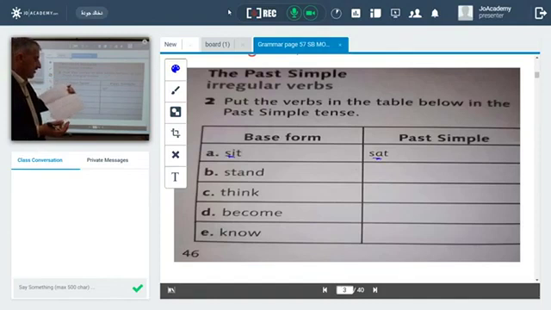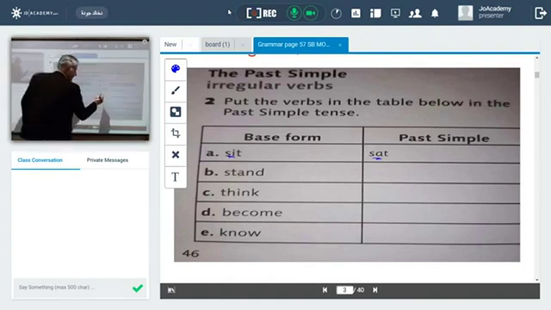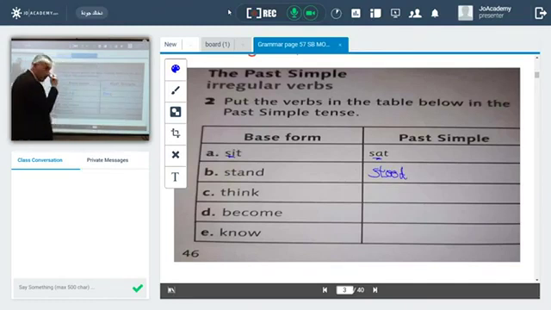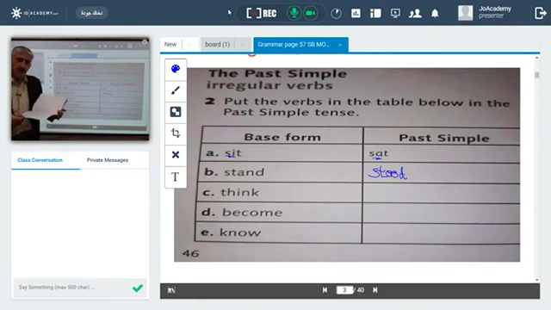So the verb stand, as you can see, stand becomes what? It becomes stood. Okay, so stand becomes stood. And the verb think, you know the verb think, if I think of something, we change it into what?